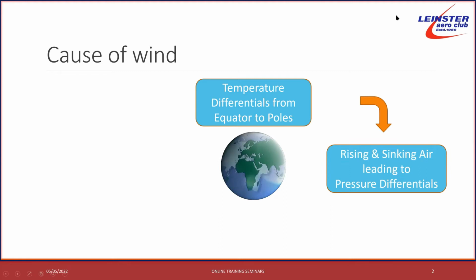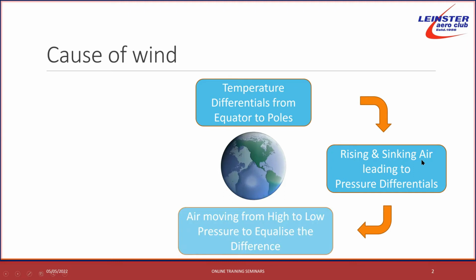Then also we have rising and sinking air leading to pressure differentials at various points. And then, of course, air moves from high to low pressure to equalize the differences. So it's all these temperature and pressure differentials in the pot of fluid that are moving around all the time to try and equalize and find an equilibrium.